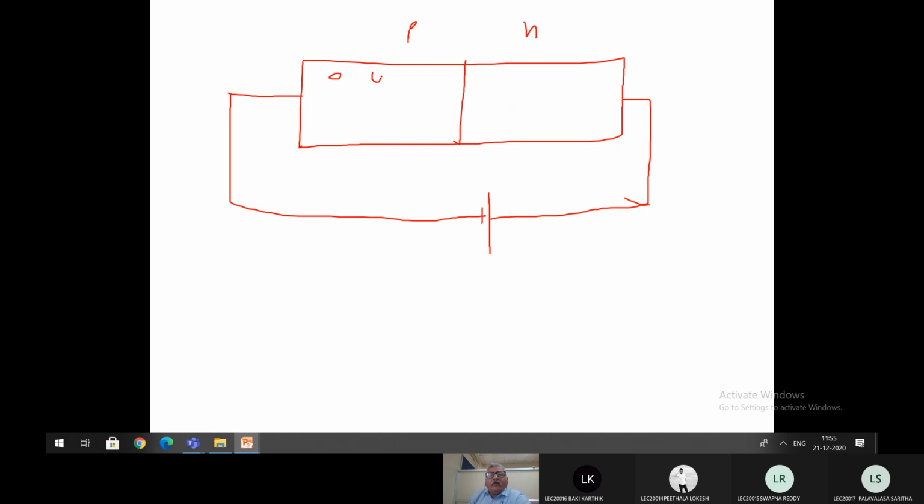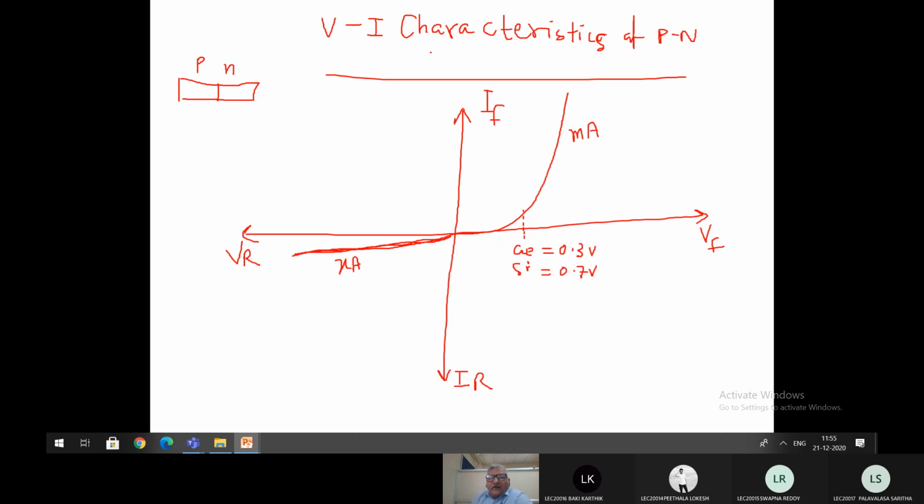There are holes in the P side and electrons in the N side. Here this is negative and this is positive. So electrons cannot move this side, and holes cannot move this side. So ideally there should be no current flow, right? But we find that under reverse bias condition, a small amount of current is flowing in the microampere region. Why is it like this?